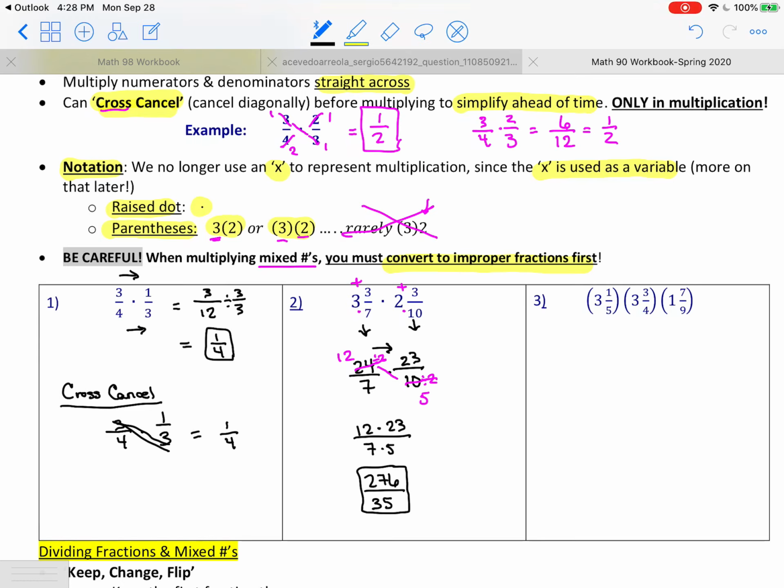We're just going to get our calculator out, and we need to find out how many times 35 goes into 276. So let's do that. 276 divided by 35, and that is going to give us a whole number of 7. So now I'm going to take 7 times 35, which is going to give me 245. And if we find the difference between 276 and 245, it's going to give us 31.